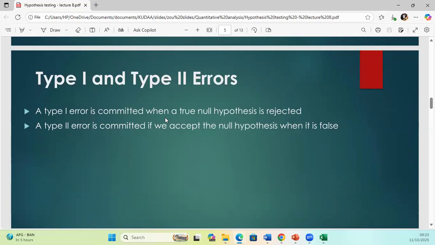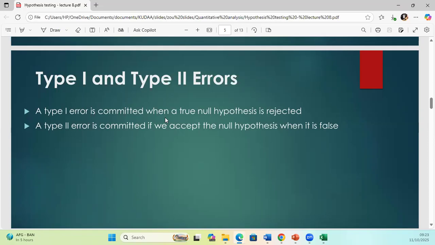So we are rejecting what was there in support of the new claim when the claim is actually false. So a type 1 error is when a true null hypothesis is rejected. We are rejecting what we usually knew in support of the alternative, which is false. So we have rejected a true null hypothesis.